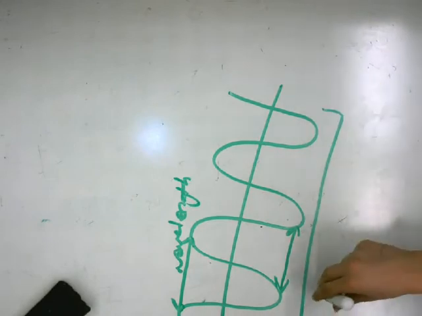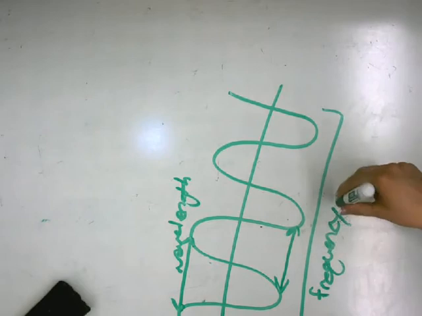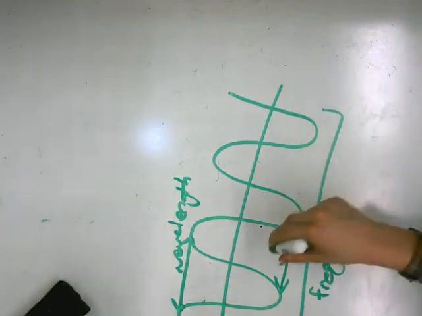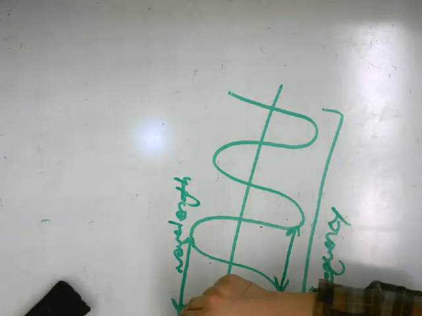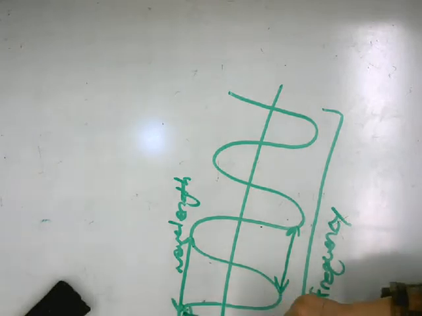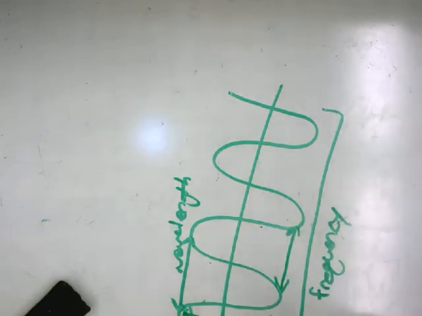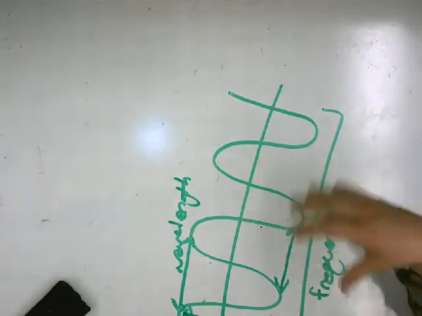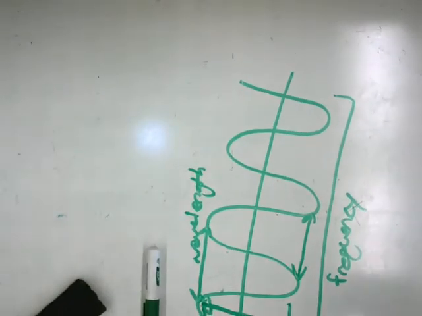And your crests, and your troughs, and your wavelengths. But what's very important is the equilibrium, which goes straight down the middle. That is determining your amplitude, how far from the equilibrium. It is determining your crest, is it above equilibrium, or is it a trough below the equilibrium? And the frequency. So really, it's in the equation, whatever you're trying to find out.